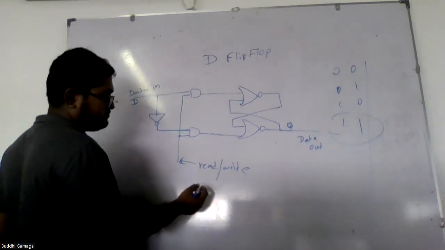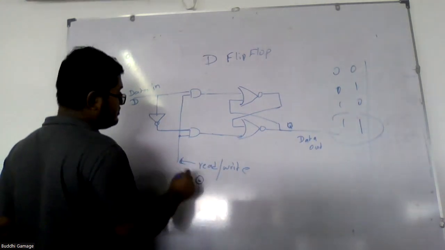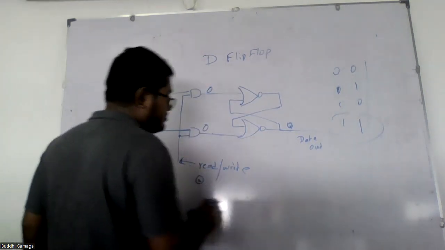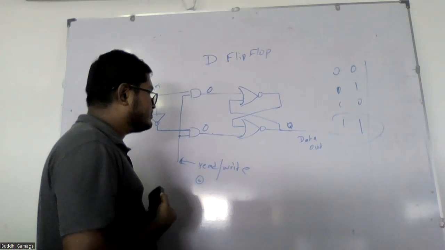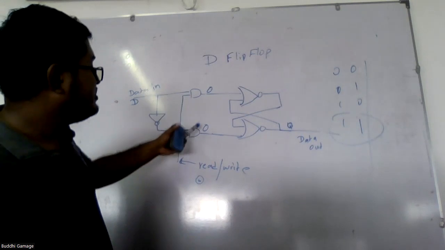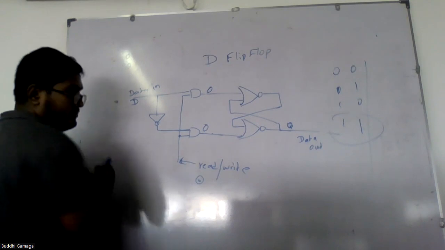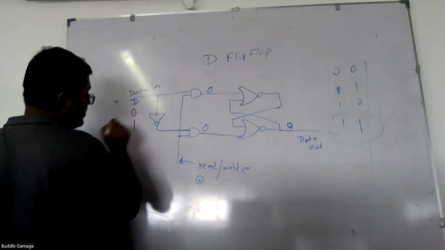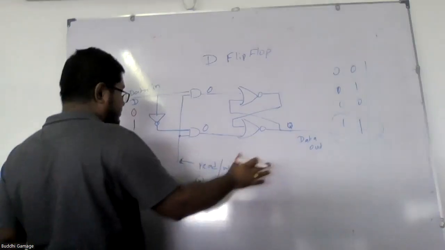If this is enabled, then only can we write. If this is 0, that means the flip-flop is in the no change state, right? So the flip-flop keeps its current state. If this is 0, then both will be 0, 0, which is the no change case. Data in is where we give our data. Data is either 0 or 1, which means we can store 0 or 1 here, only one bit, right?